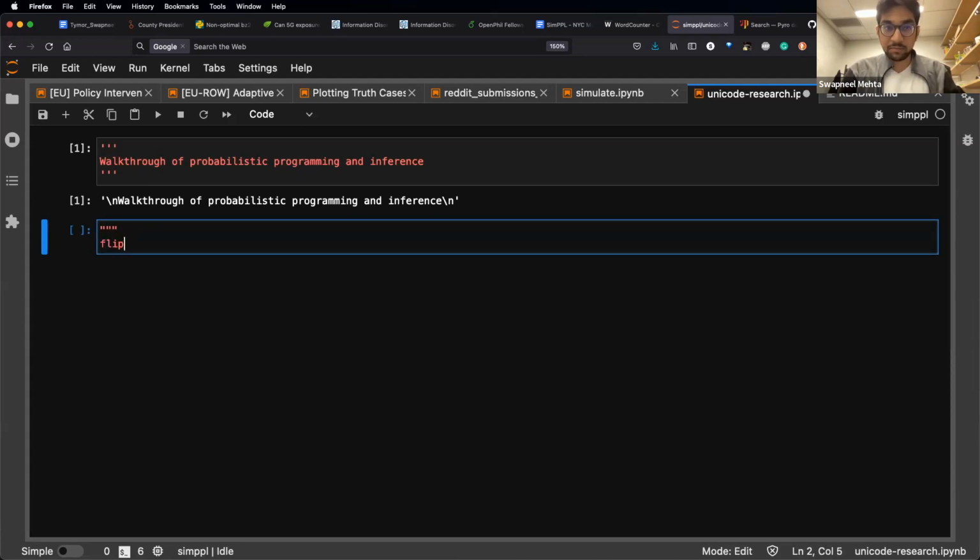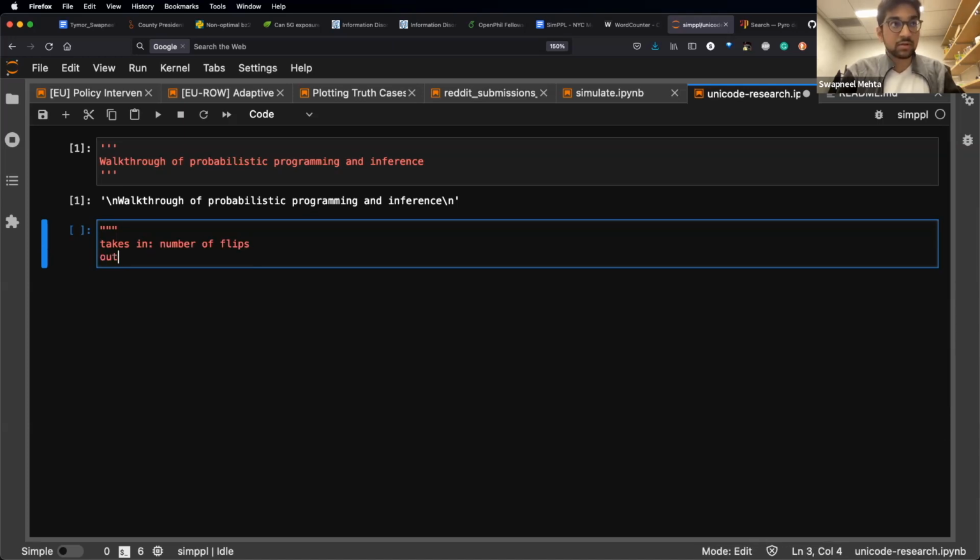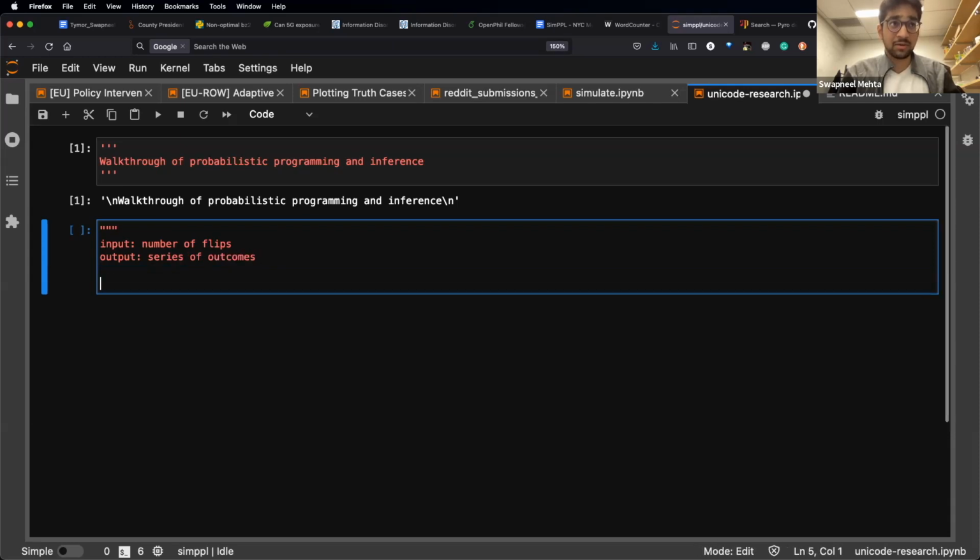Let's say I want to start by writing a function that takes in a number of flips and outputs a series of outcomes. Can someone tell me how I might go about representing coin flips in code?